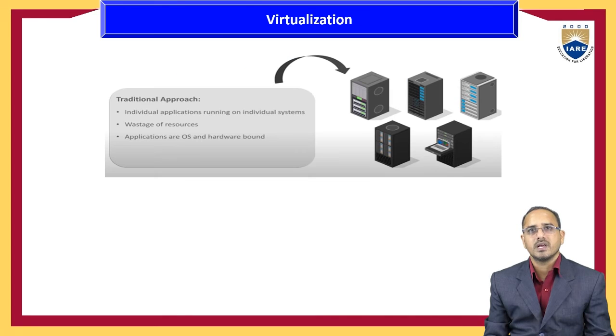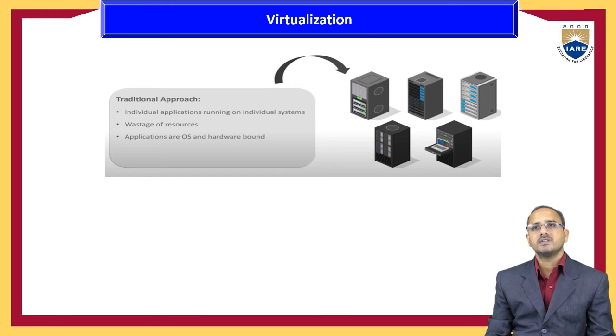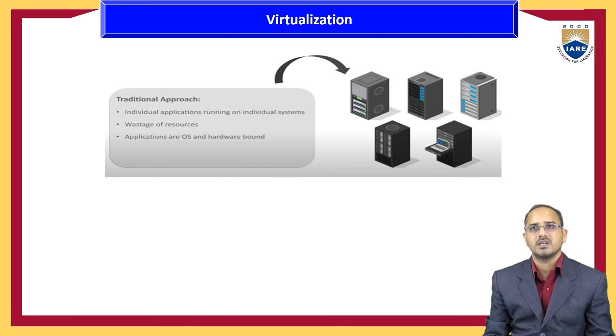So what is this virtualization? The traditional approach has individual applications running on individual systems, wastage of resources happens, and applications are OS and hardware bound. In this image, we have five different servers running independently with independent applications. But how well are the resources of these servers utilized to the maximum extent? The resources are getting wasted.